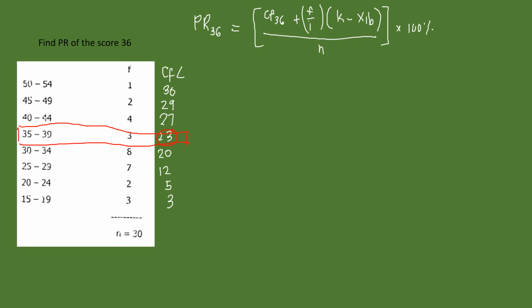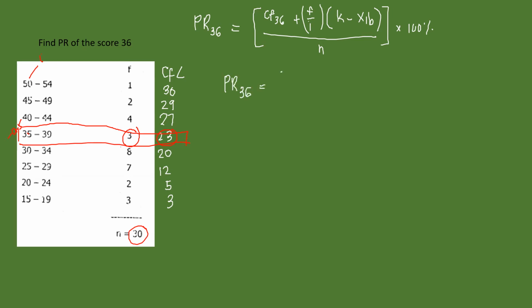The frequency is 3. The lower boundary is 35 minus 0.5, which is 34.5. N is 30. And I is 5. So if you look here, 35 to 39, I is 5. So let's substitute that in our formula.